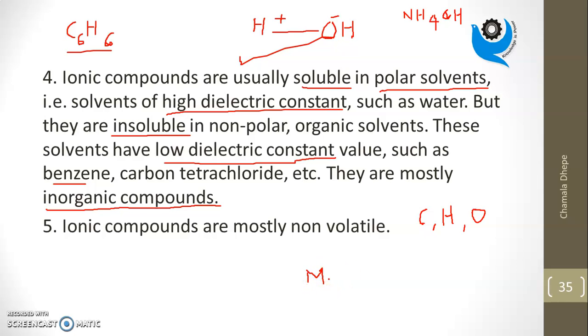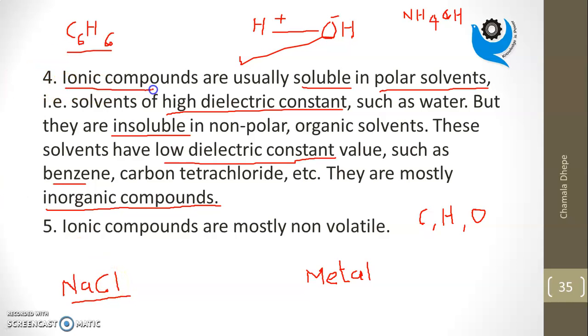Okay, see in your compound, that is NaCl. An inorganic compound consists of metals, non-metals and metalloids. So tell me, in NaCl, one is a metal, the other is a non-metal. So is this NaCl organic or inorganic? It is inorganic because it consists of a metal and a non-metal.